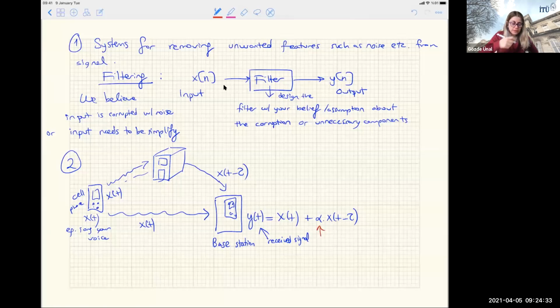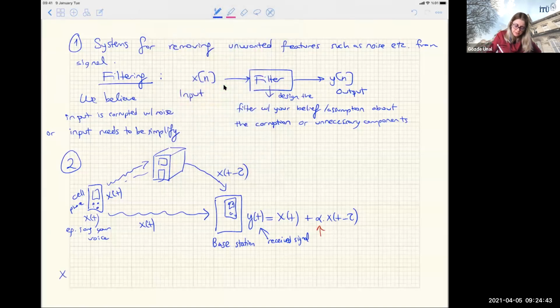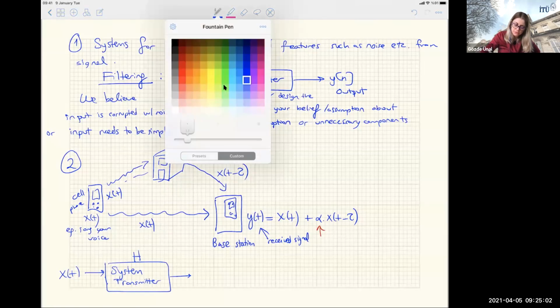What I'm trying to do here, just for illustration, is show a transmitter system. You see, it inserts some unwanted components, that's the echo part of the signal.